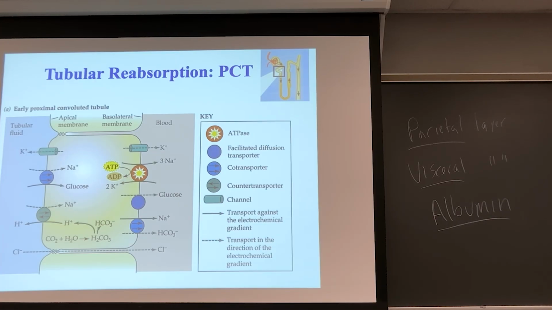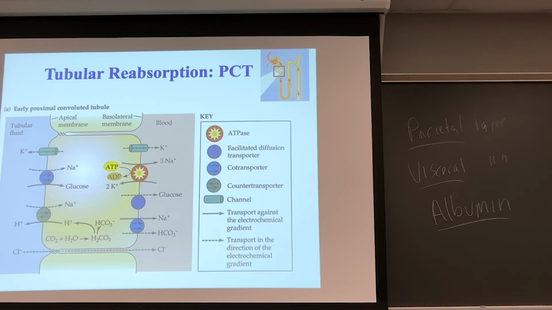So it's not surprising that sodium chloride is strictly regulated. The PCT, if you want to know, about 1,800 grams of sodium chloride enter the filtrate every day, and only 10 grams of it end up in the urine. And the PCT reabsorbs about 70% of that sodium chloride. So it's a pretty incredible tube.